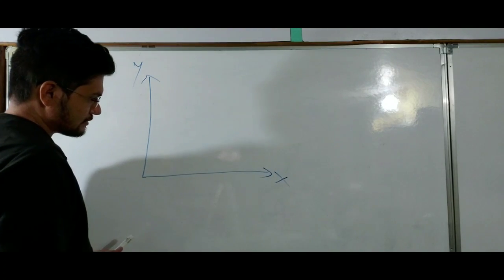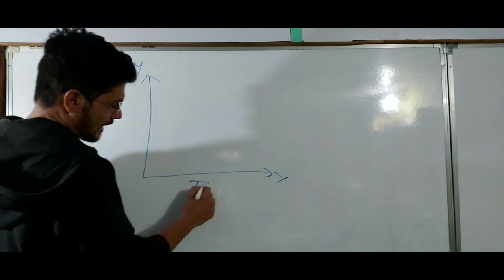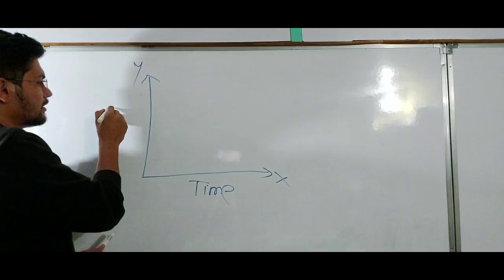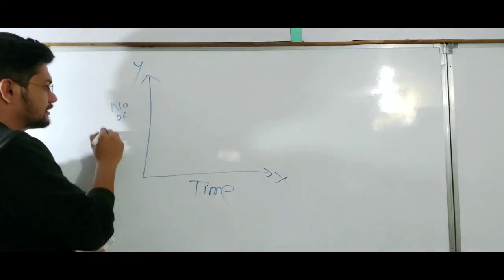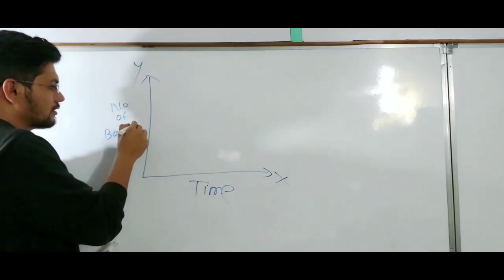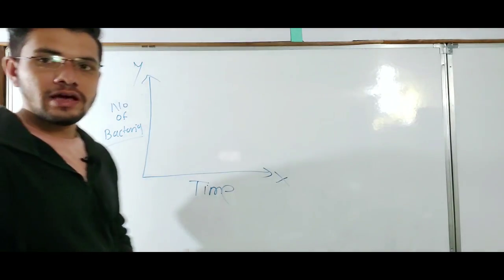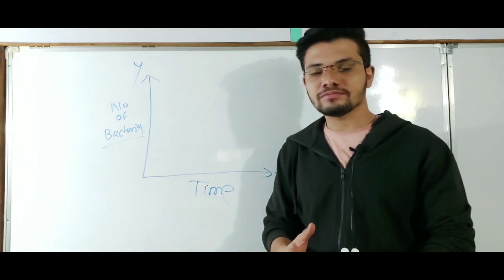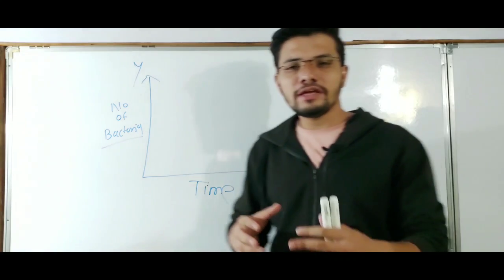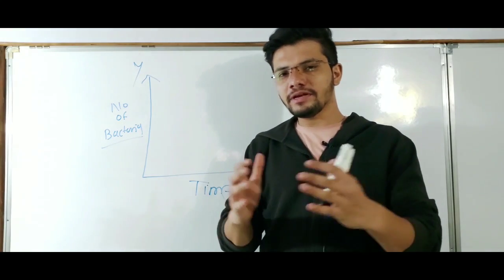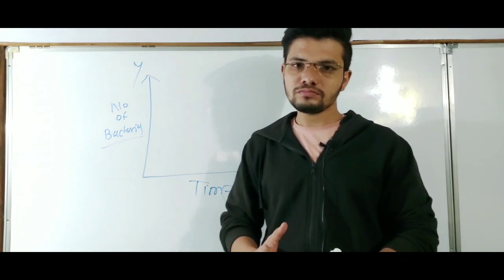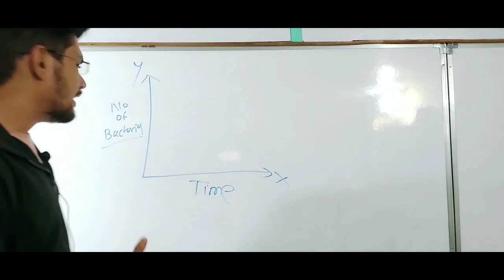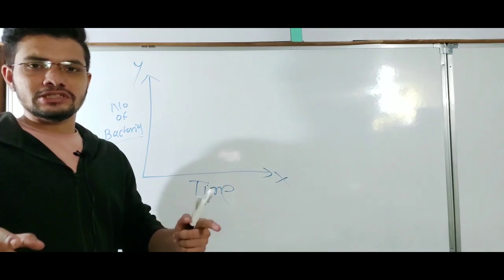On the x-axis we have the time, and on the y-axis we have the number of bacteria, right? Suppose we are providing the bacteria a limited amount of medium, a limited amount of food, like we provide in a batch culture.